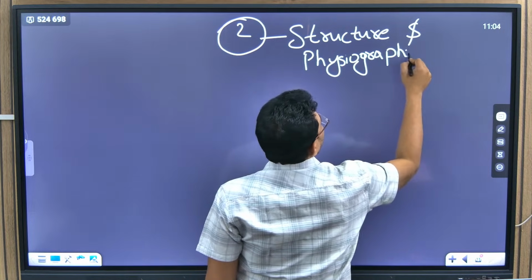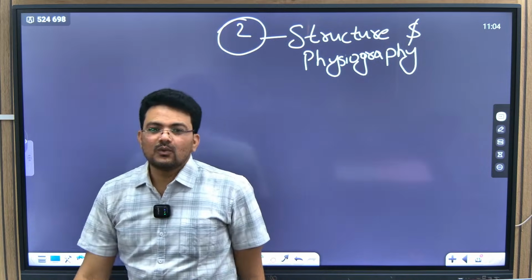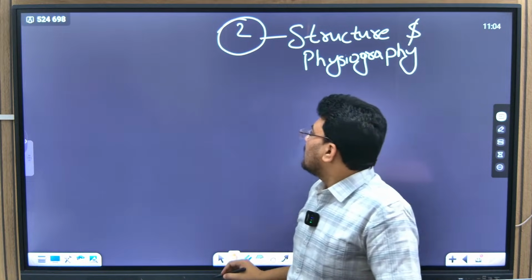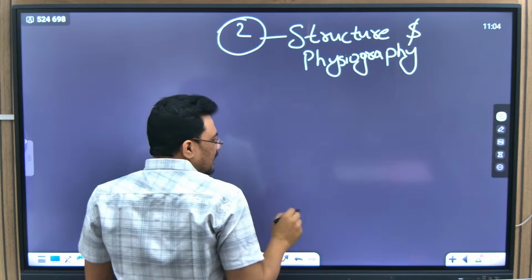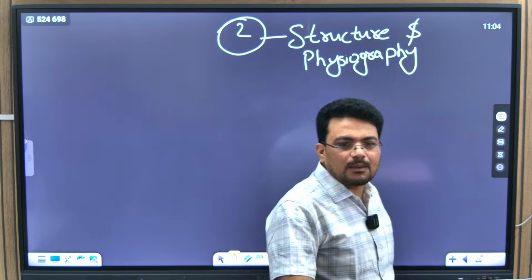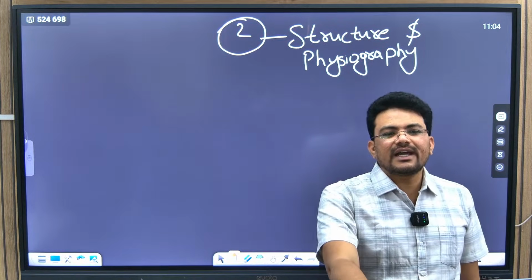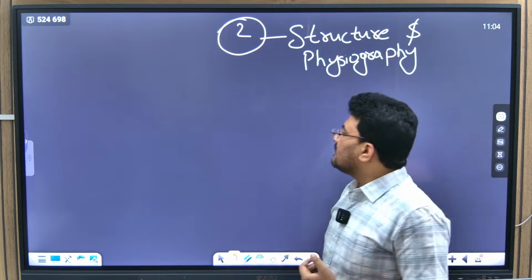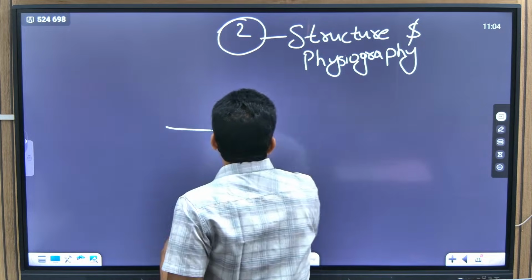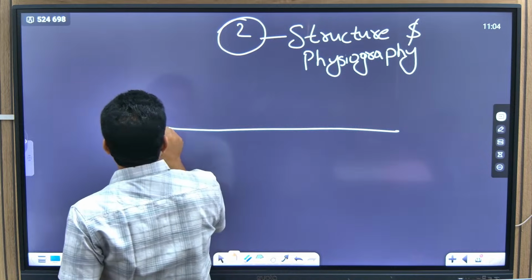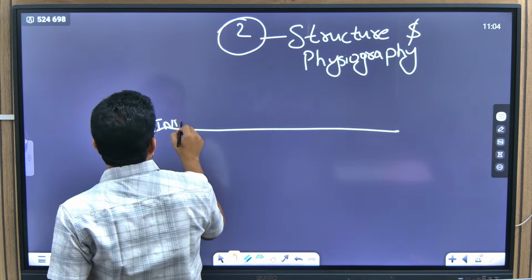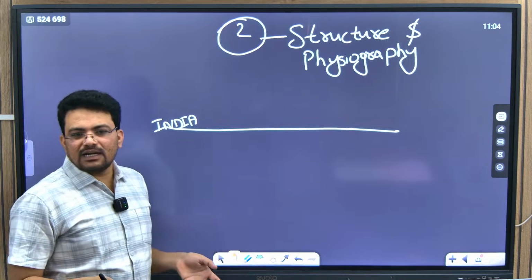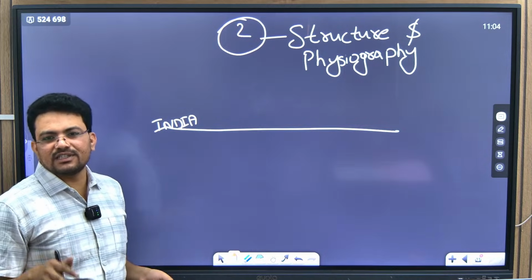What does the word geo refer to? Geo, earth. Good. Now if you go through this chapter, you will find two things. First, they have divided the country India. First you go into the earth and see how the features are.